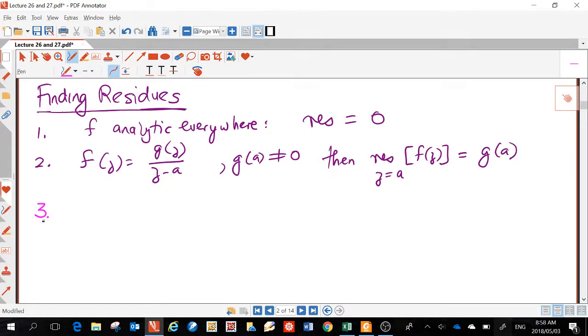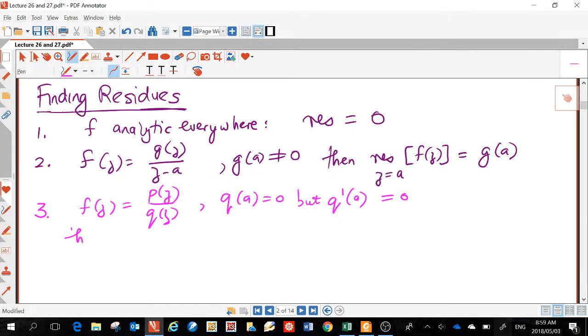Thirdly, what's our type? P over Q. f of z, if it's a polynomial, P of z over Q of z. But importantly, you can have Q of a equal to naught, but you cannot have Q dash a equal to naught. Then in this case, the residue of f of z at z equals some singular point a is simply P of a over Q dash of a.